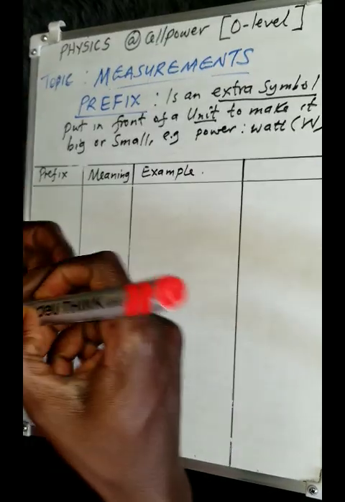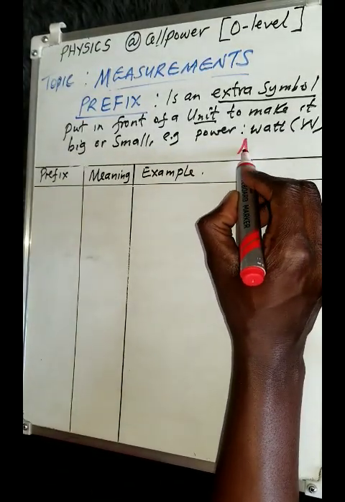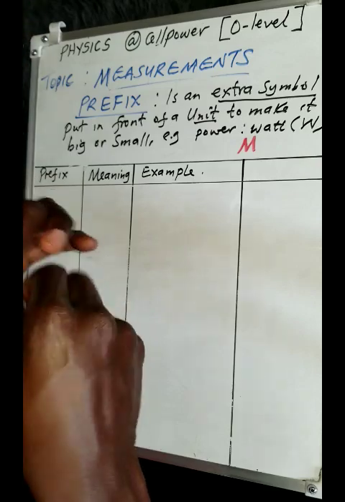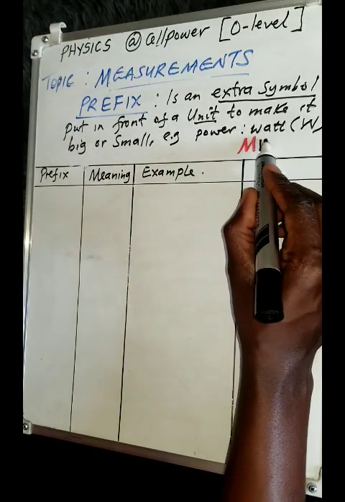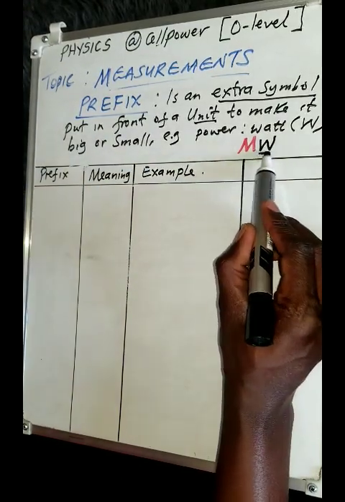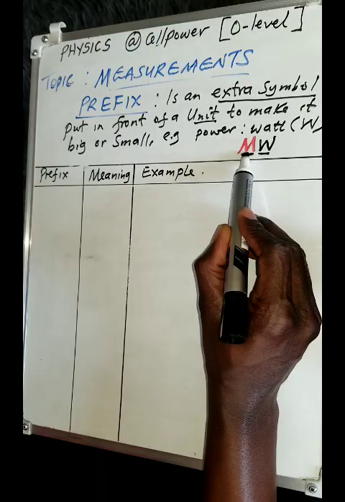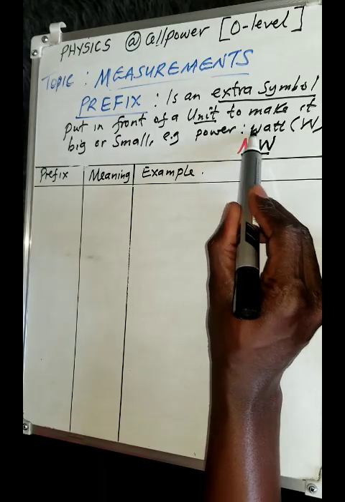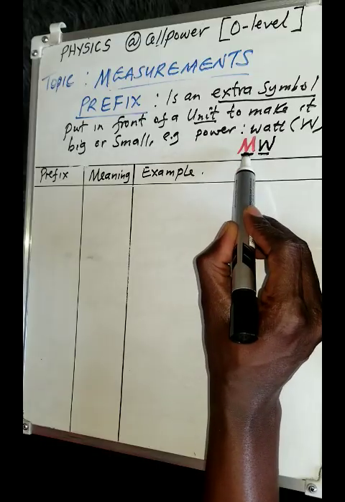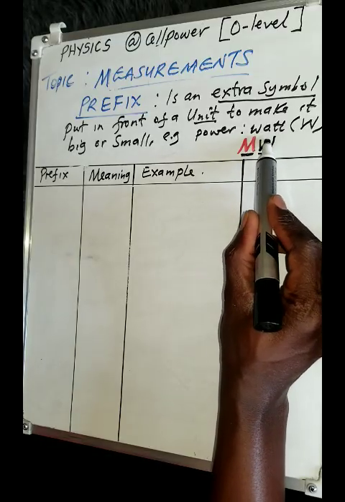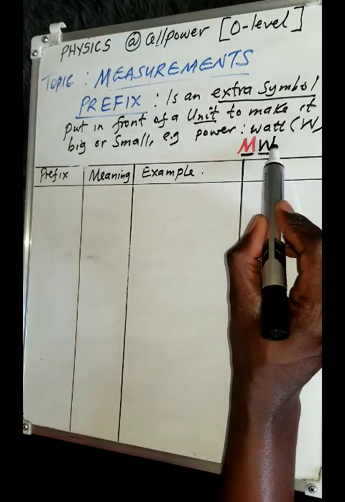For example, I can write it as capital M, and I can also write a W there. Remember, the W there represents what? But what does this symbol that I've put in red mean? Well, this is what we call a prefix. It can make this unit become either big or small.